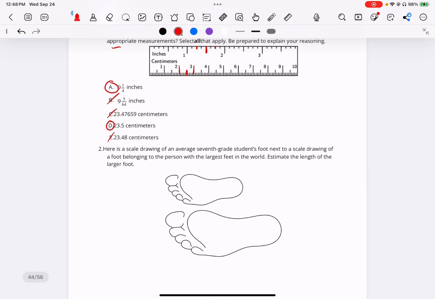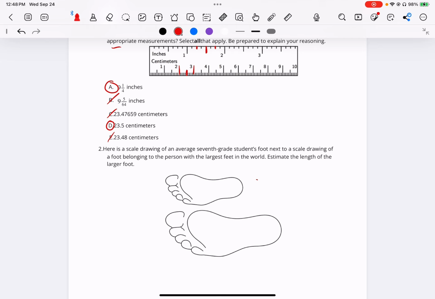So here's a scale drawing of the average 7th grader's foot next to a scale drawing of a foot belonging to the person with the longest foot in the world. Estimate the length of the longer foot. So I would first use my ruler to measure each foot to find the scale.